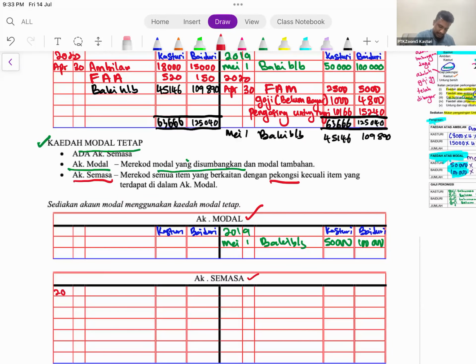So right here 2020, April 30. Oh, sorry. Before that, write the Kasturi and Baiduri first. Kasturi, Baiduri. Kasturi, Baiduri.